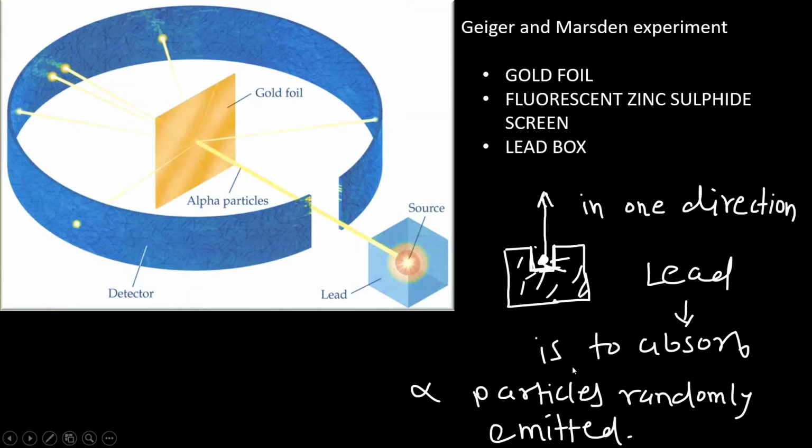Otherwise, it would be difficult to observe the scattered alpha particles. This lead box absorbs all the alpha particles which are not supposed to come out of the box. So this was the setup, friends.